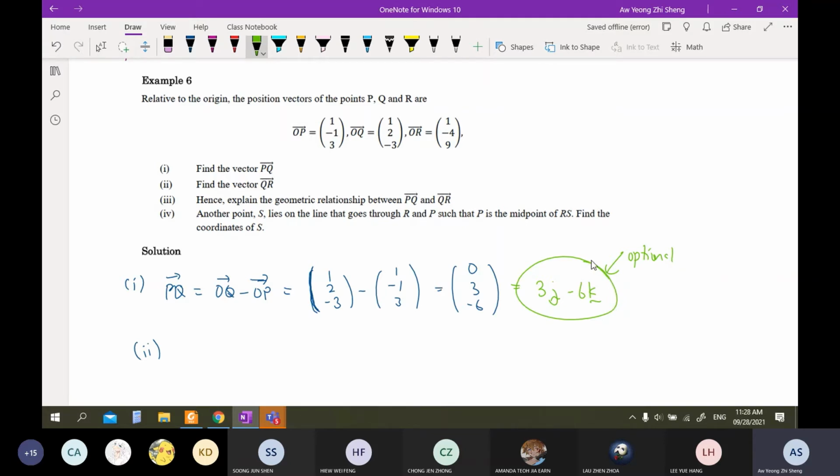Whether you want to leave your answer in the bracket form or in terms of IJK is up to you. It's not a must to convert unless the question specifically asks for it. Then QR will be OR minus OQ.